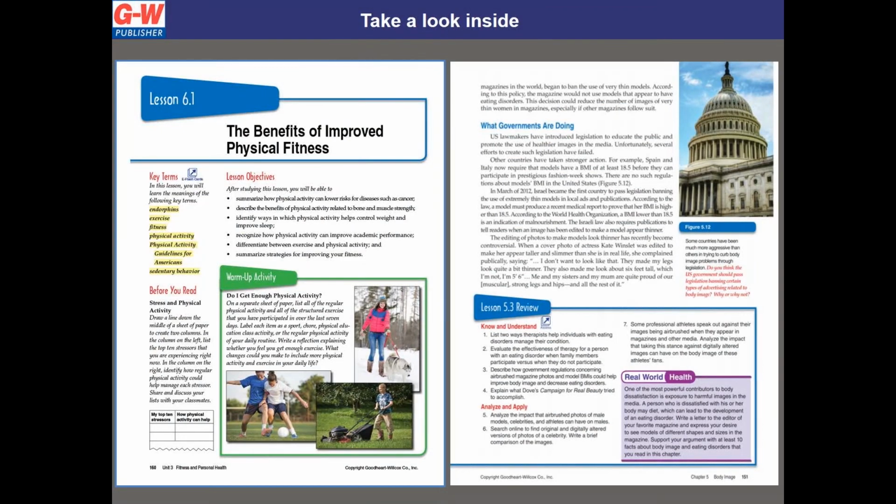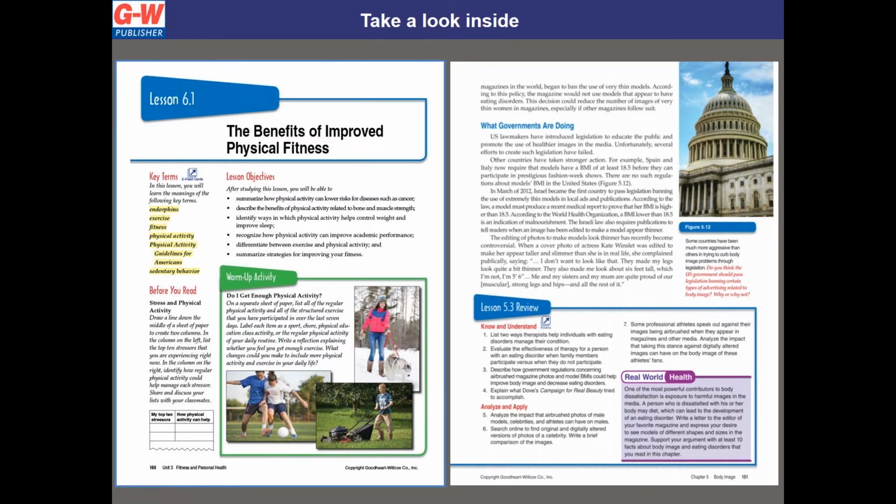And if you dive into the pages of the text, you'll see that every lesson begins with key terms. There is a before you read activity, a warm-up activity, and also the lesson objectives. And this is a good time to point out, this is the activity icon that I mentioned earlier.